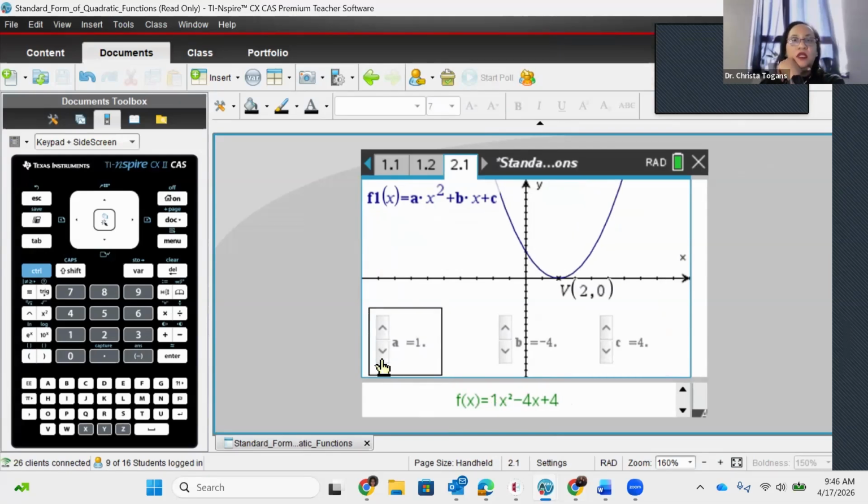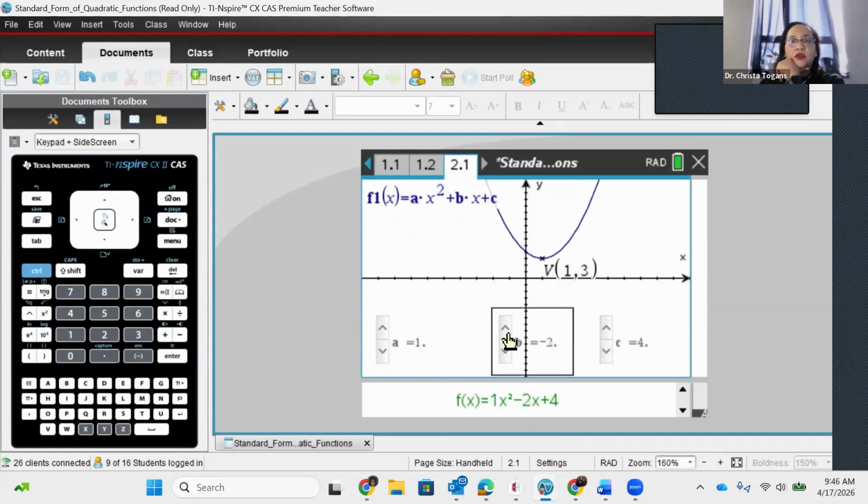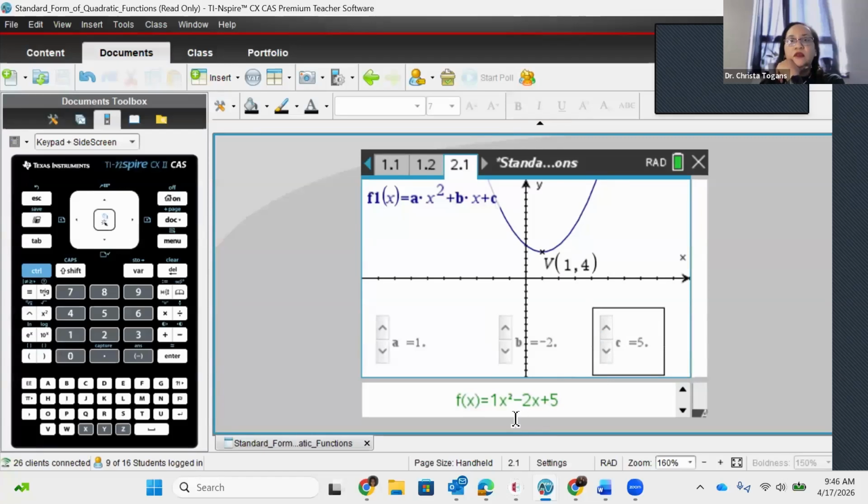So A is 1, B is -2, right? And C is 5. Do you see that? There's the equation right there at the bottom. I just changed the value. So change them. Number 4. Minus 2 plus 5. Okay.